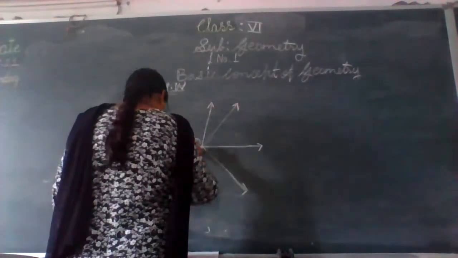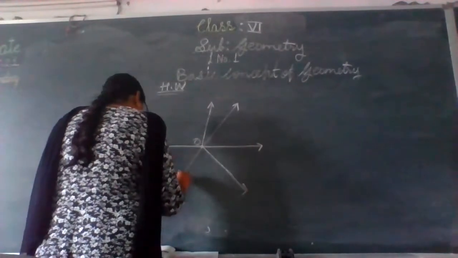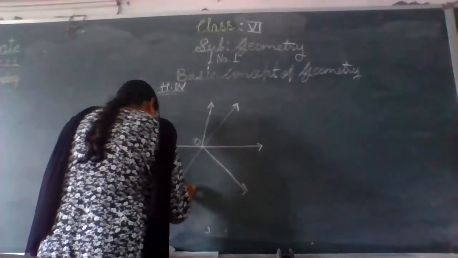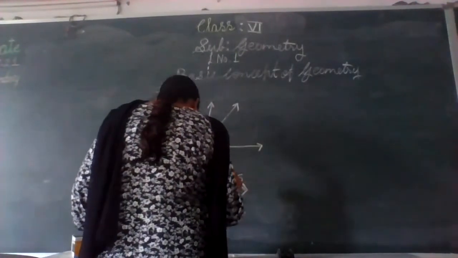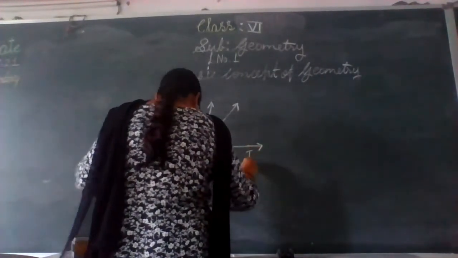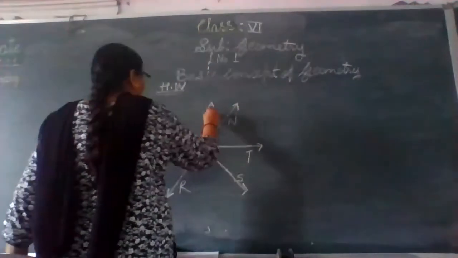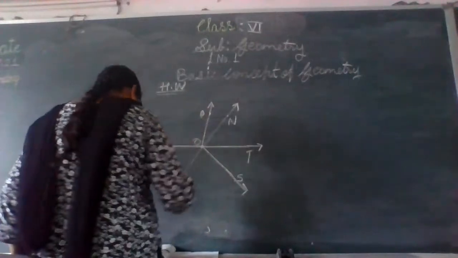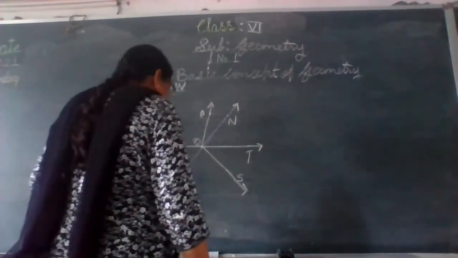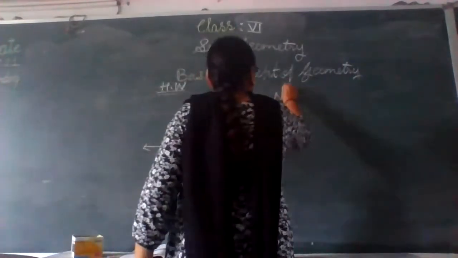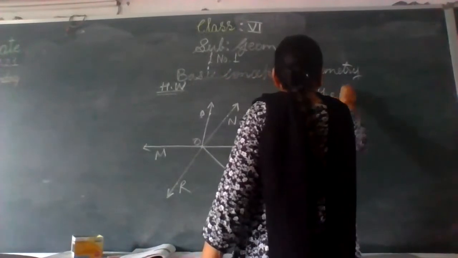So write one homework, beta. Here is point O. Here is point M, R. It is point S. Here is T. Here is M. And this point is T. So first look at the figure and name the following.